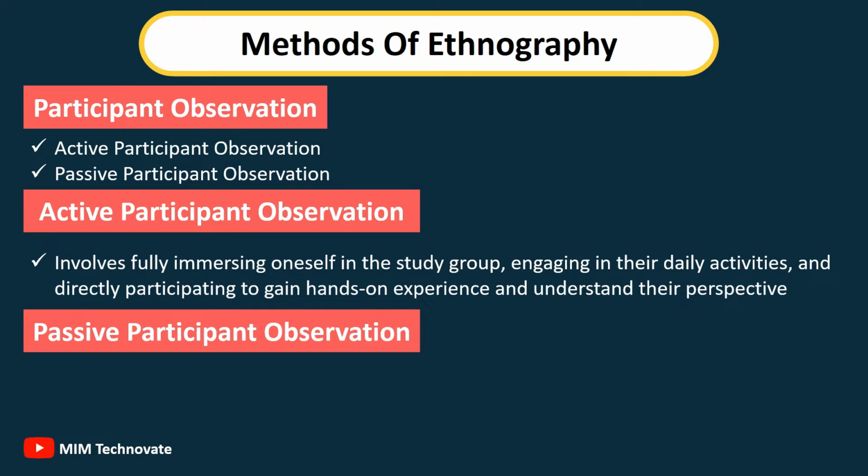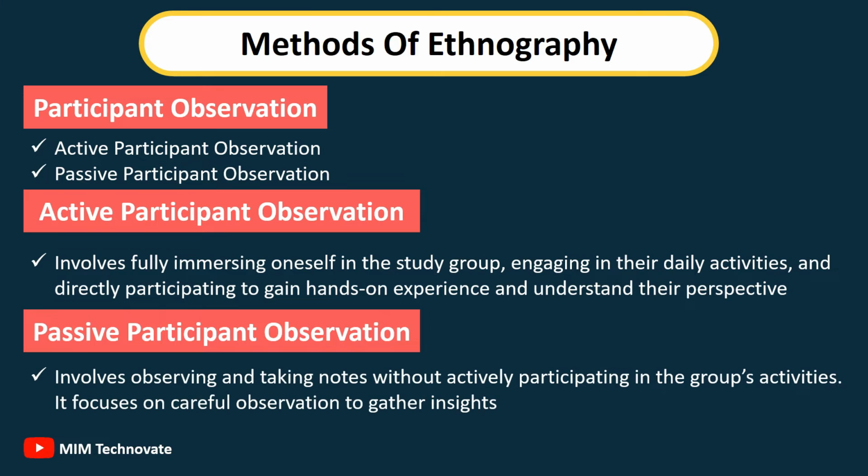Passive participant observation involves observing and taking notes without actively participating in the group's activities. It focuses on careful observation to gather insights. Qualitative observation plays an important role in ethnographic research.